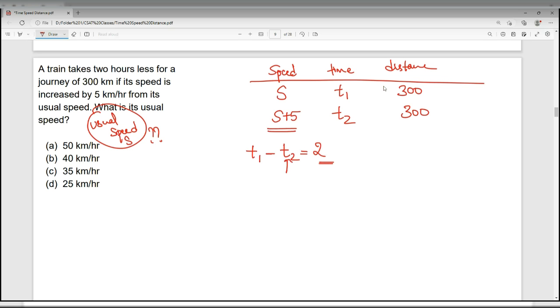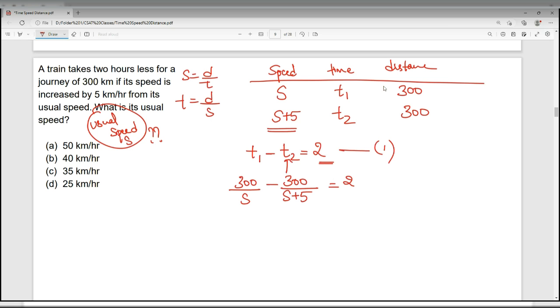This is one equation. S is equal to D by T, so T is equal to D by S. So T1 is 300 by S minus T2, which is 300 by S plus 5, is equal to 2.